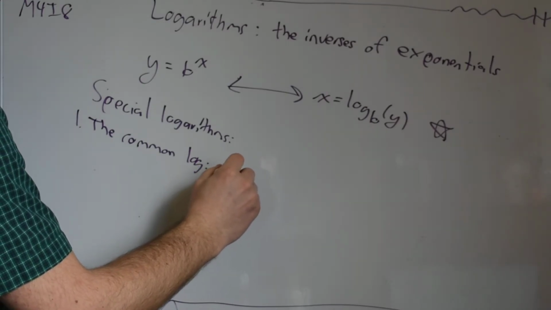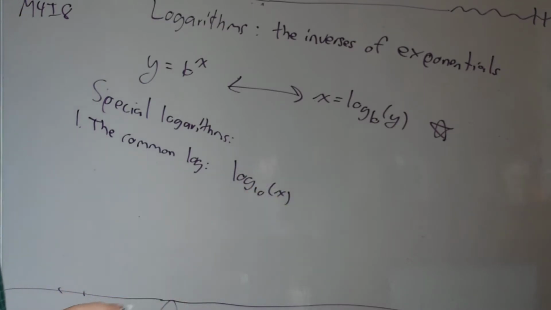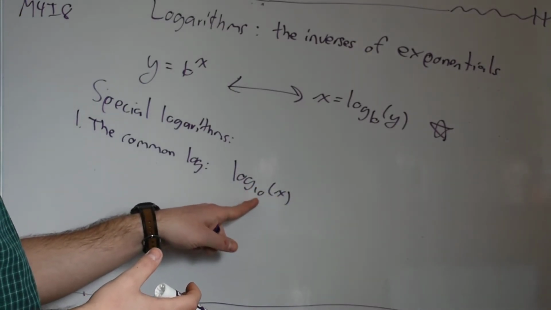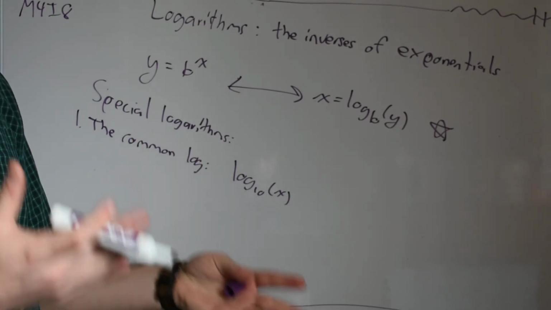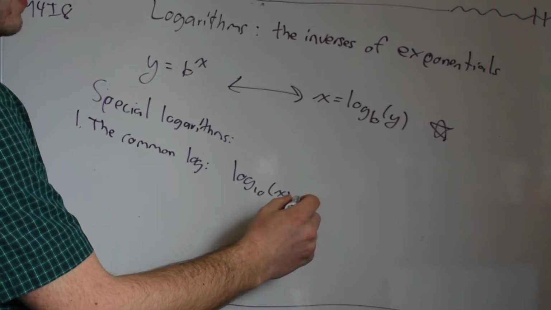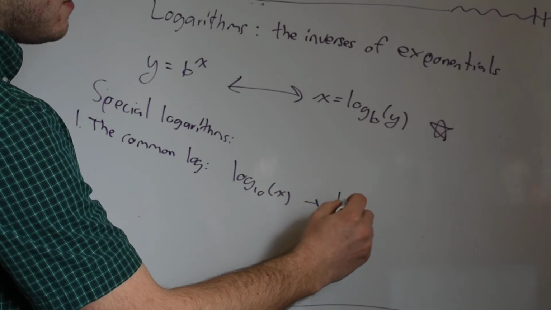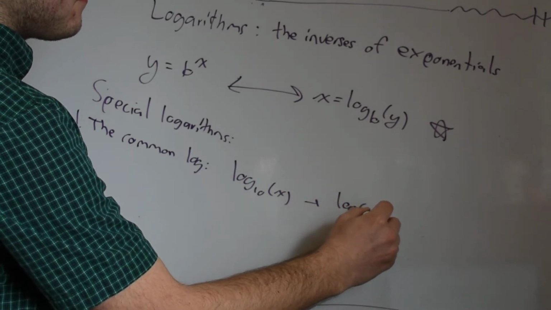This is log base 10. And this one is really common because we as a society do a lot of things in powers of 10. So we abbreviate it as just log of x.